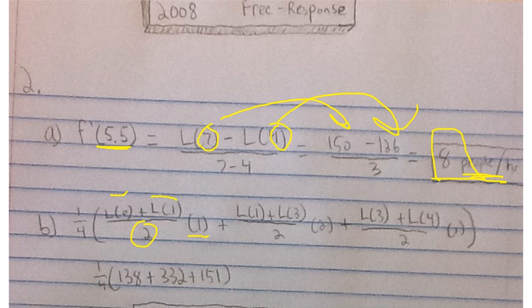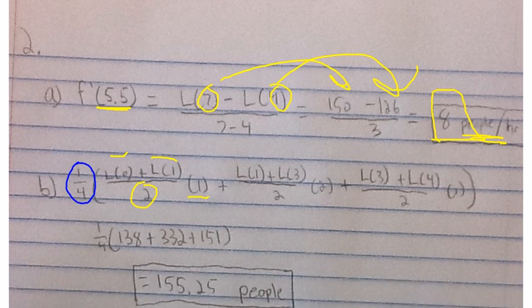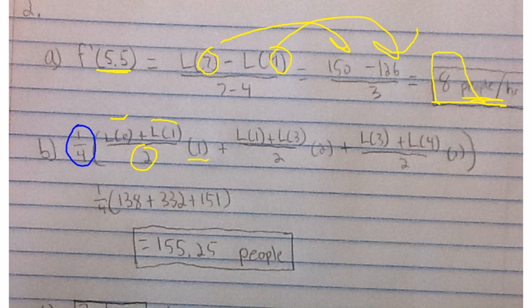We do that for our 4 values, t equals 0, 1, 3, and 4. But what you want to make sure you don't forget is that we have 4 values here, and they're looking for the average. So we need to divide by 4, otherwise known as multiplying by 1/4. Then with simple arithmetic, you'll get 155.25. And then of course your units, people.